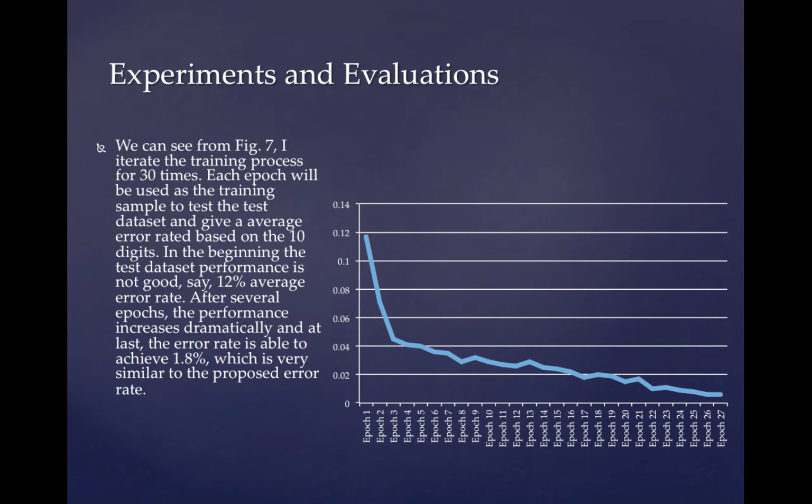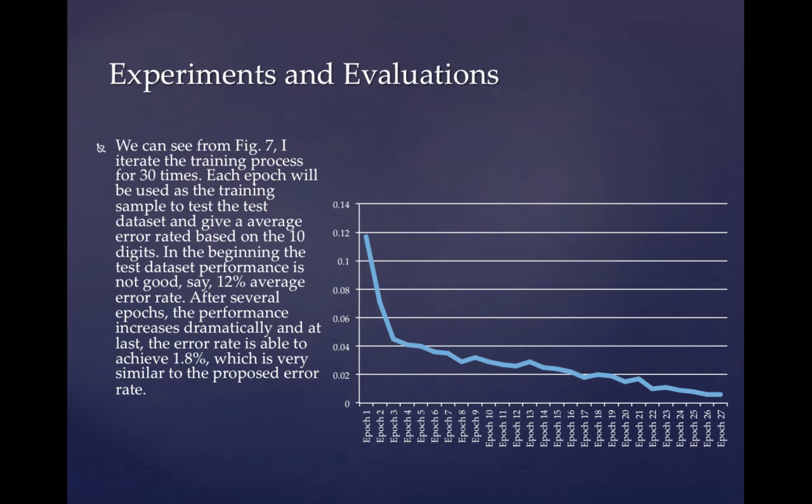This is the error rate of each epoch. Each epoch will be used as a training sample to test the data set and give an average error rate based on the 10 digits.